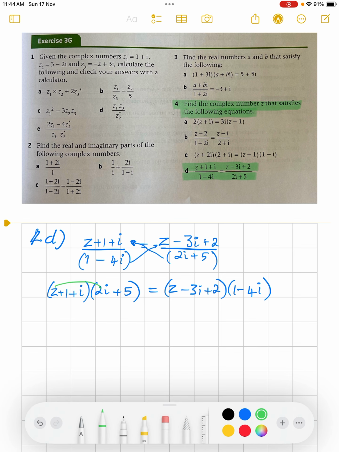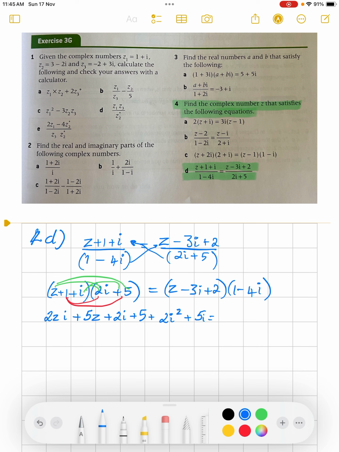Let's expand. z times 2i is 2zi, z times 5 is 5z, the 1 times 2i is 2i, and the 1 times 5 is 5, and now i times 2i is 2i squared, and i times 5 is 5i.